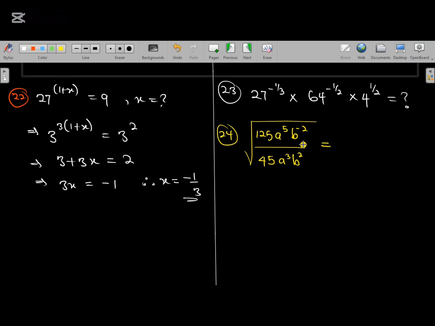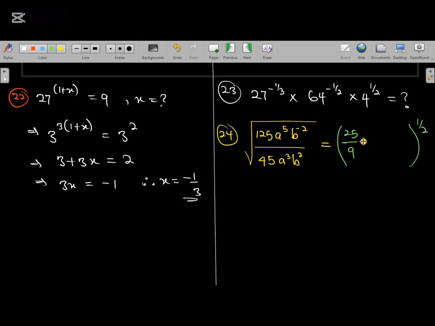What do we do? Gradually, we start with division of numbers, alphabets, and similar alphabets. Let's still leave this one as square root, or we can actually change square root to power half. You know that square root means power half. Okay, so let's leave it there. Now, what can divide here? 5 can go here to give us 25, all over. 5 can go into 45 to give us 9.